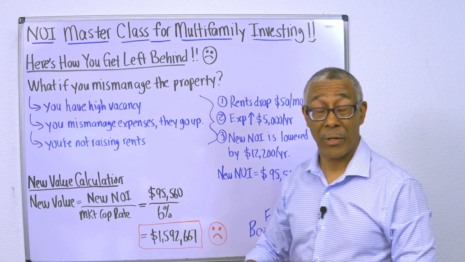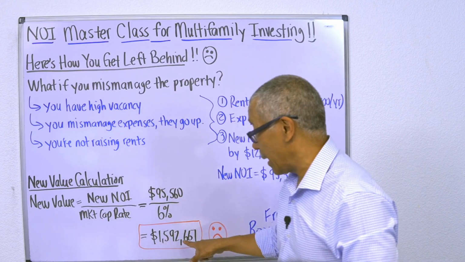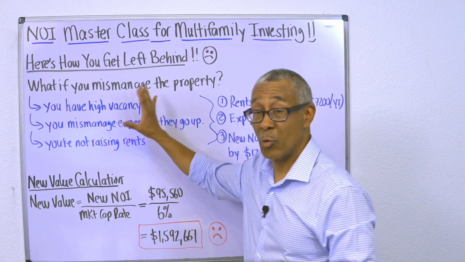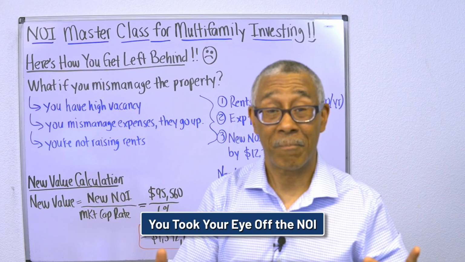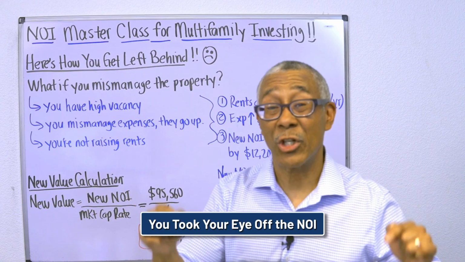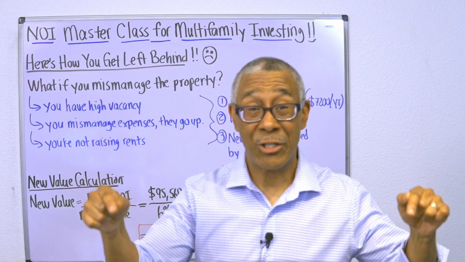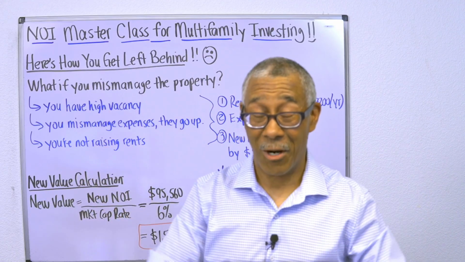The current value was $1,796,000, so it dropped nearly $200,000 because you mismanaged the property. You took your eye off the NOI. I hope that is a good lesson for you: this year and next year and the year after that is a year of the NOI. Got it? All right.